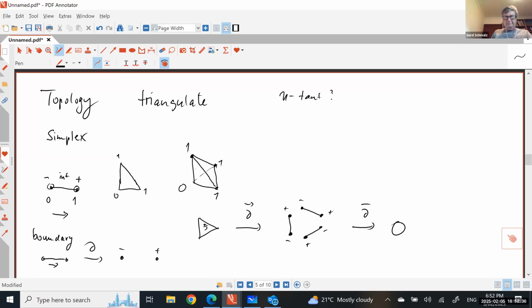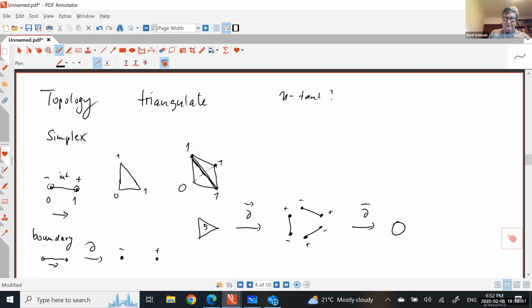And we can actually do the same here with our pyramid. We have triangles as boundary, 4 triangles which form the boundary, but also 2 of each of these triangles have a common edge, and at this common edge they have opposite orientation.